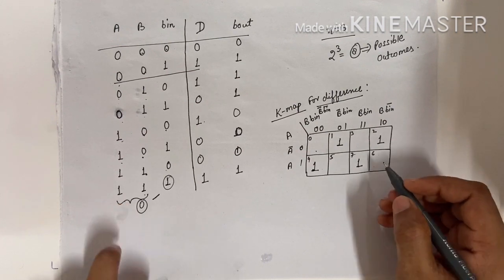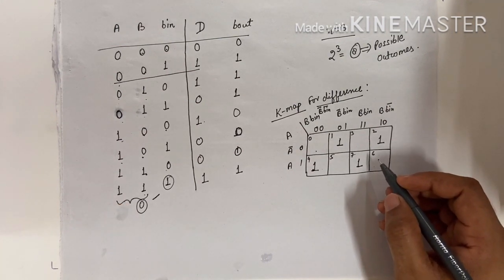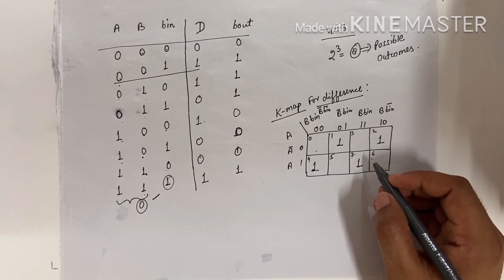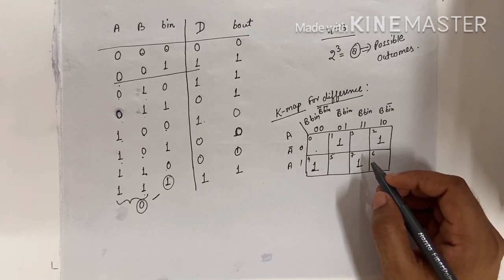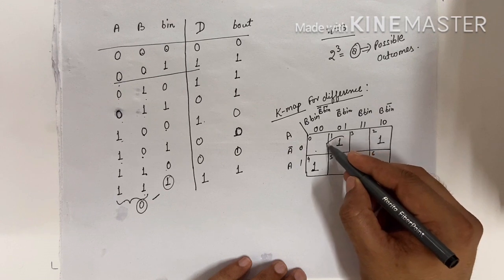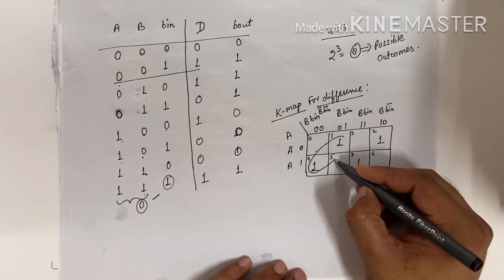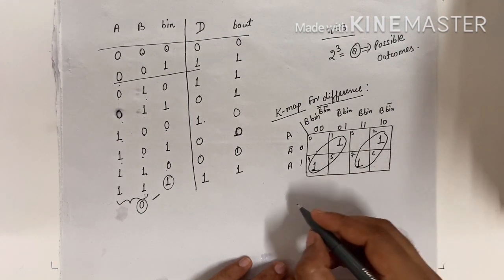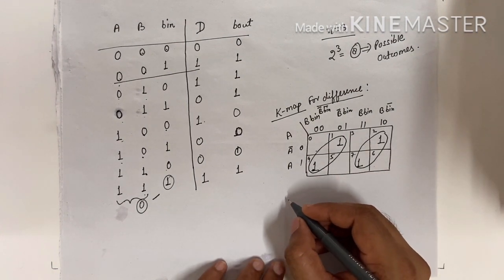Now in the last condition A, B and B input are all 1, then you have to put 1 here. I talked in the earlier video that if the elements are present in diagonal form, then you can apply the XOR operation directly. Because the logic 1s are present in diagonal form, you have to apply the XOR operation.